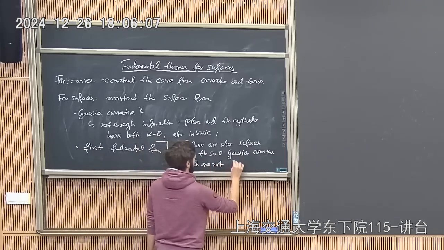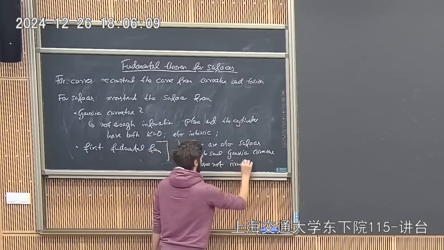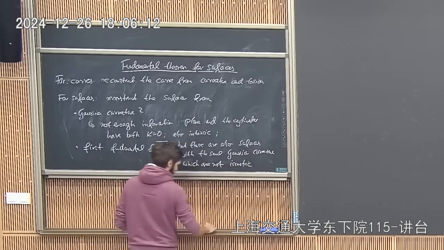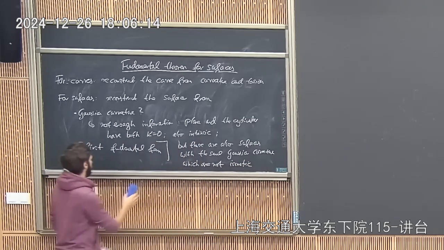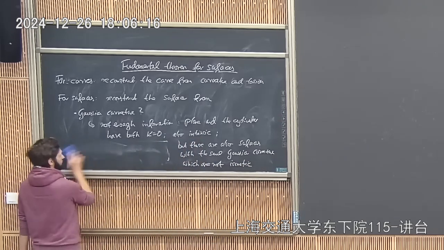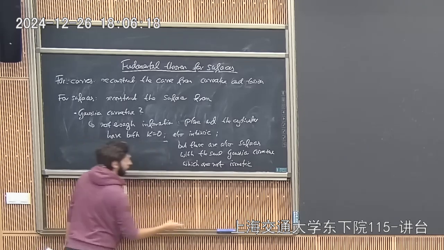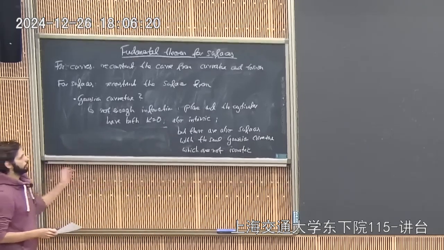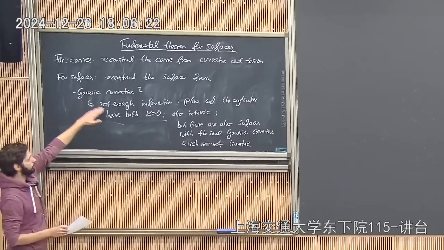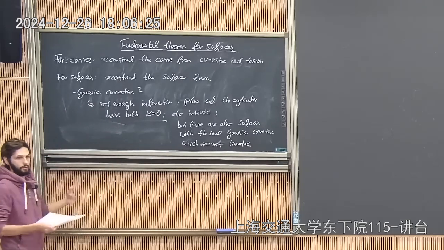Which are not isometric. So the Gauss curvature is not even enough information to, let me put the first fundamental form on the next page. So the Gaussian curvature would be a natural guess, but it's just not enough information.